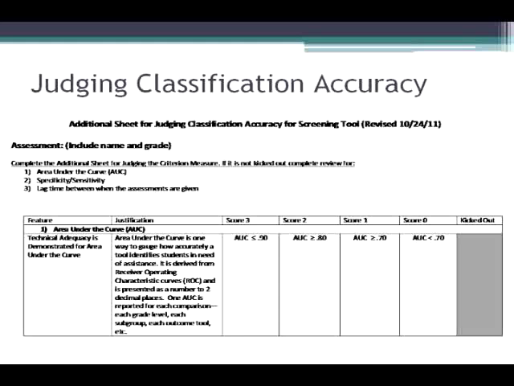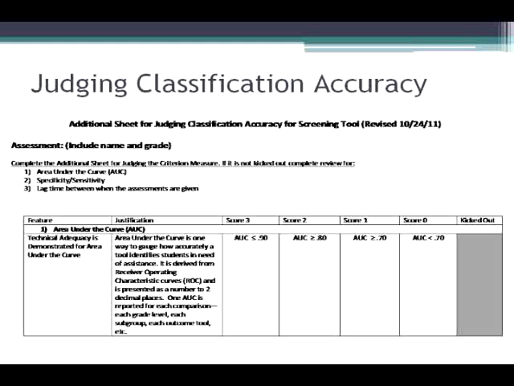There are others, such as kappa, but the determination was made to use the area under the curve for consistency's sake. It is one of the more commonly reported metrics, and when area under the curve is reported, it's also often reported with specificity or sensitivity.